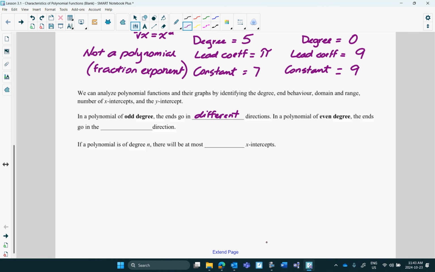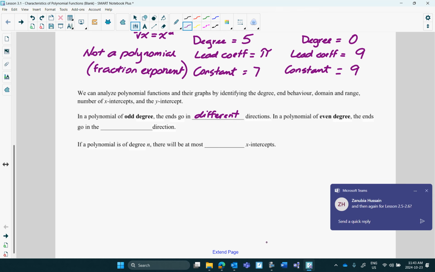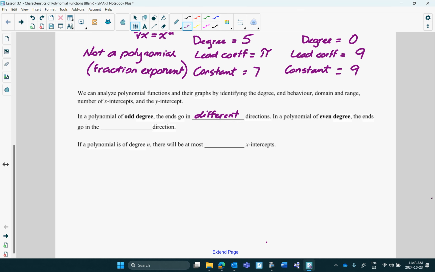Think of y equals x. It goes up to the right, down to the left. They go in opposite directions. But y equals x squared is a parabola that on the ends goes up on both sides. So if it's even degree, the ends go in the same direction.